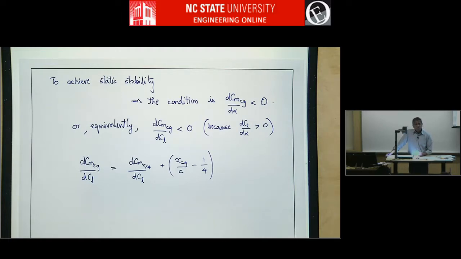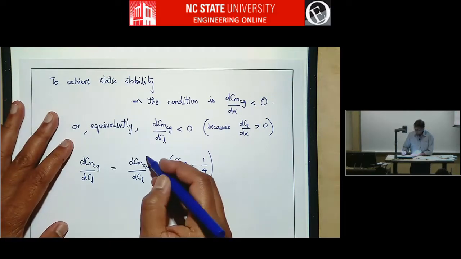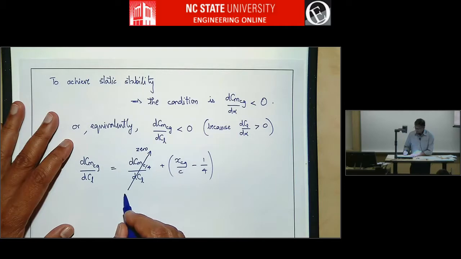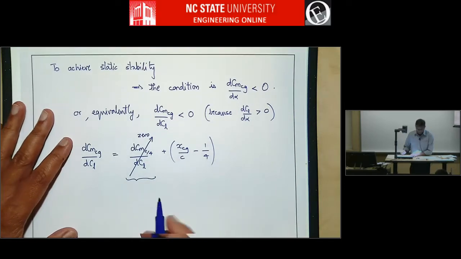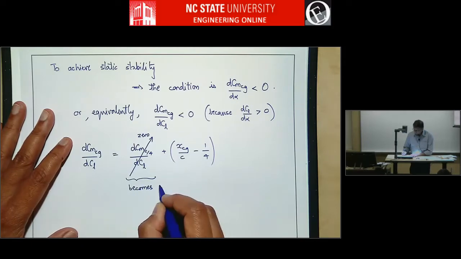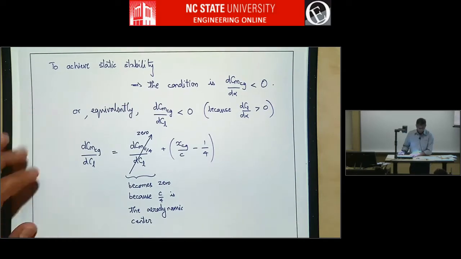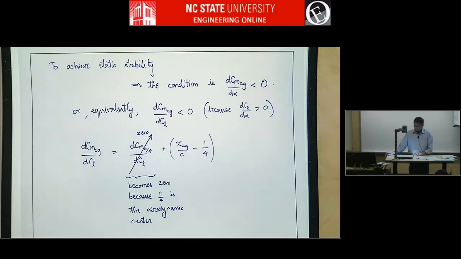First term is 0 because? Yeah, the quarter chord is the aerodynamic center for an airfoil, and by definition pitching moment does not change with lift coefficient when the reference point is the aerodynamic center. So our dCmCG over dCL is simply this.